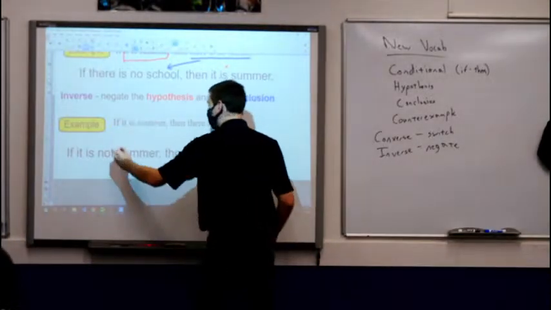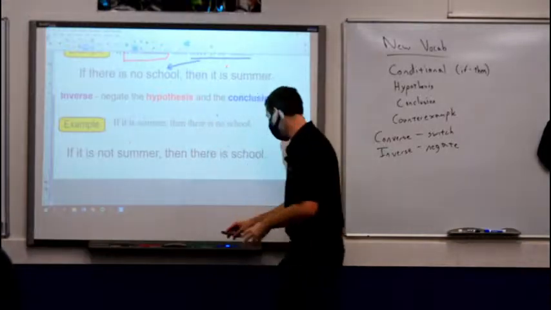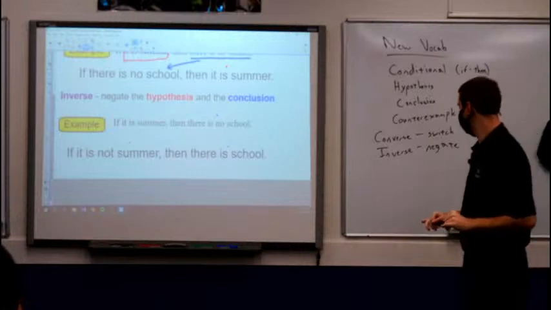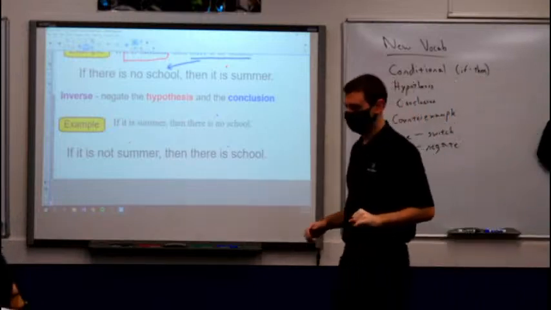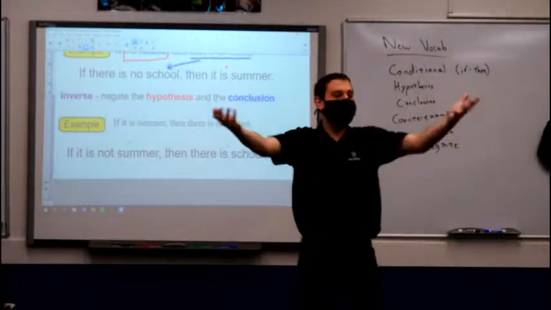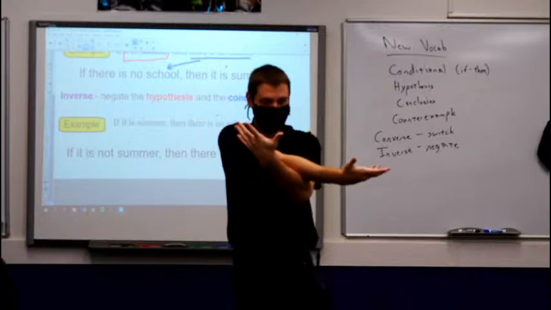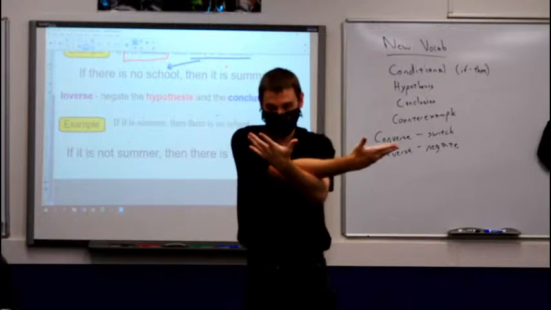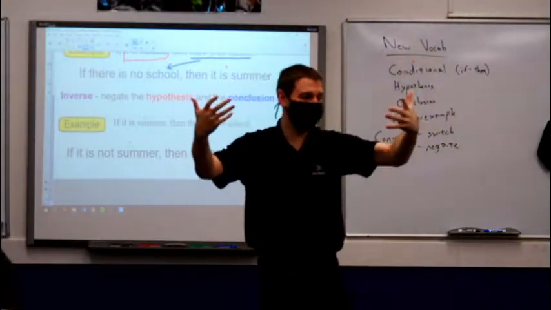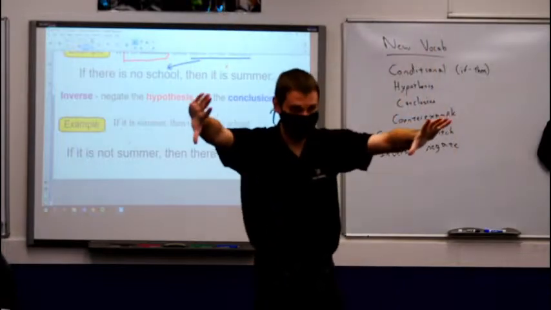So this time the hypothesis stays where it is, the conclusion stays where it is, but they get negated. So we take the opposite of the statement. So the converse, we switched them around, but we kept the statements how they were. The inverse, we kept the statements where they were, but we negated them.